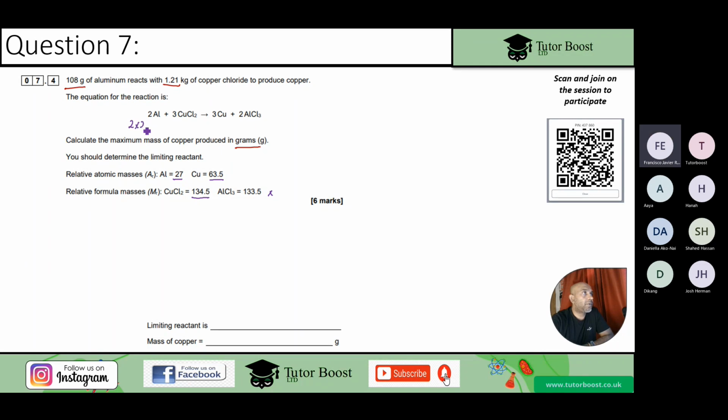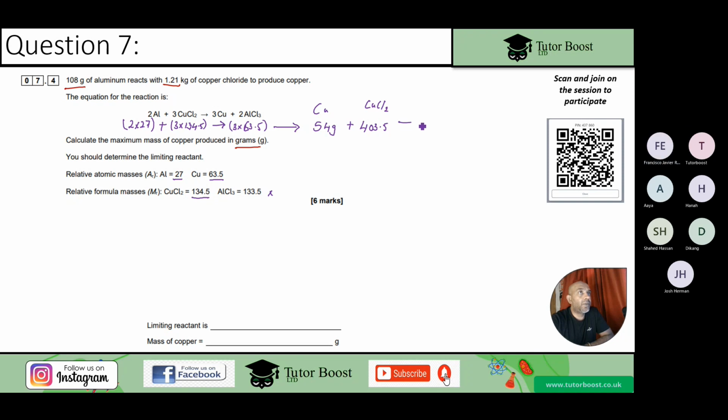So 2 times 27 is reacting with 3 times 134.5 to produce 3 times 63.5. If you work out the mass, it is 54 grams of aluminium reacting with 403.5 grams of copper chloride to give you 190.5 grams of just copper.